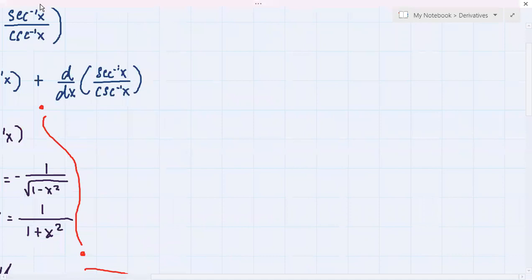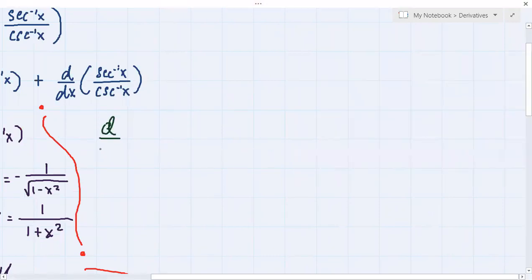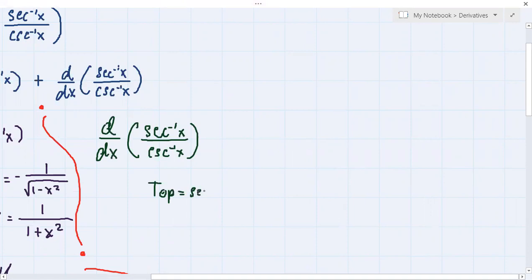Okay, dito tayo. So ang derivative ng arcsecant all over arc cosecant, we will use quotient rule. So from the top, we have arc secant. On the bottom, we have arc cosecant.